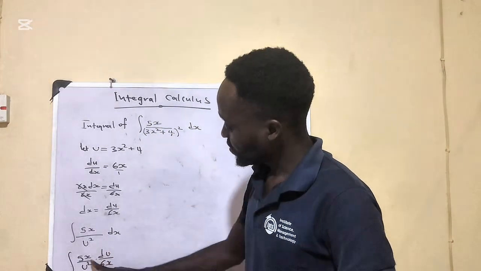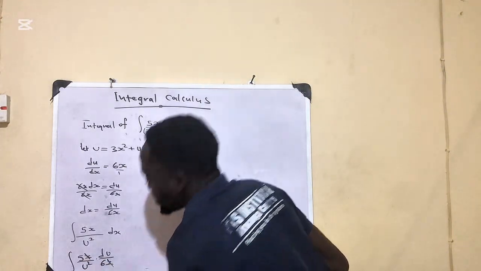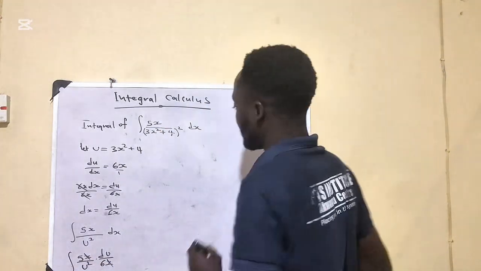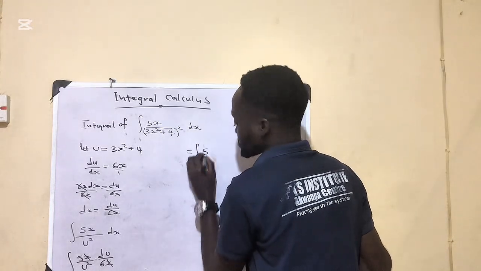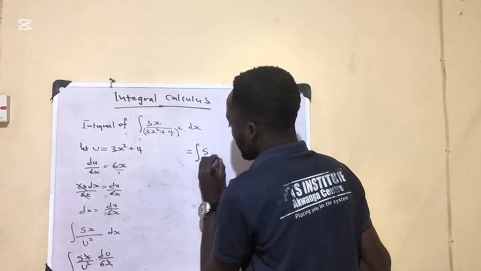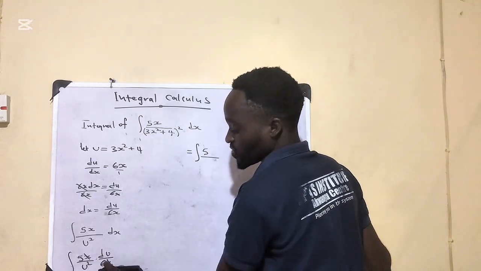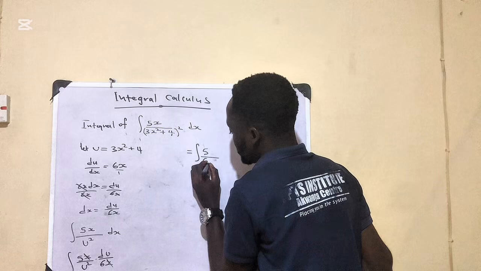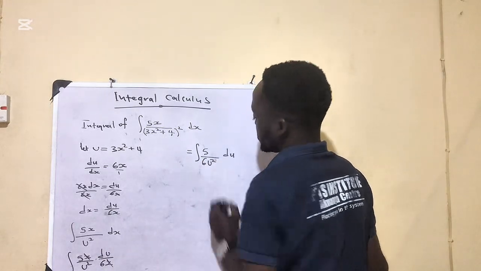Now from here you can see that we have x here and x here, so this x can cancel out the x down here. What we are going to be left with is the integral of 5 over 6u squared du.